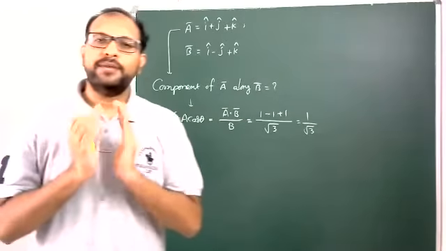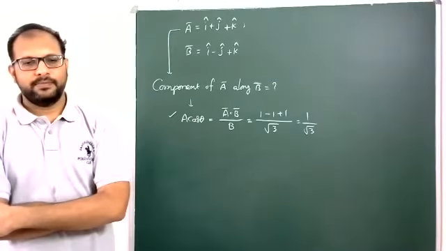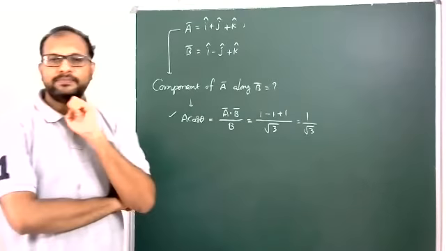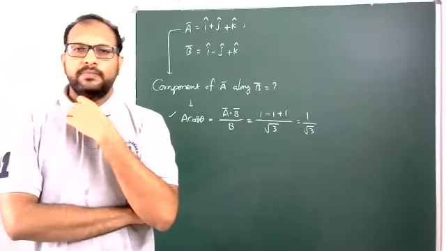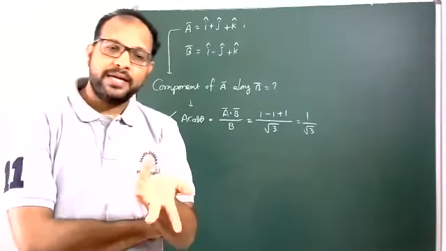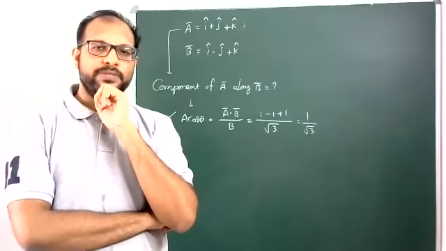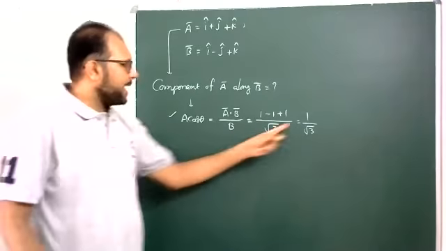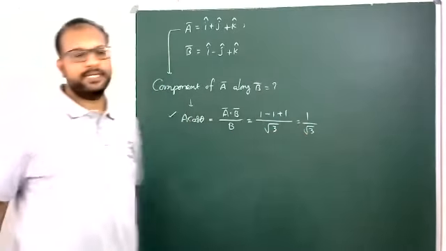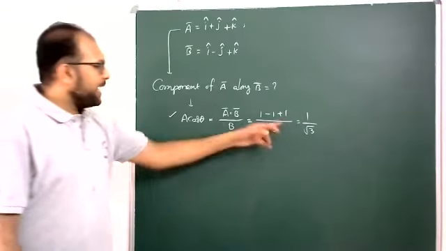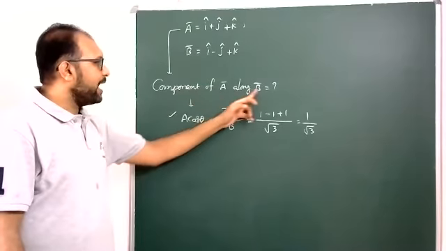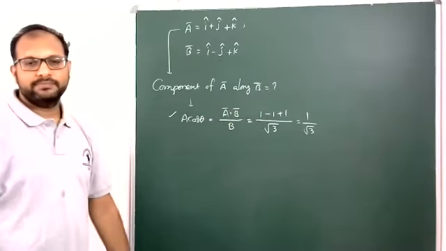But students, here one more logic is there. Component of A bar means the scalar component or maybe the vector component also. Now two problems here. What you calculated, only a number, means the scalar component is completed. Scalar component of A bar along B bar completed.